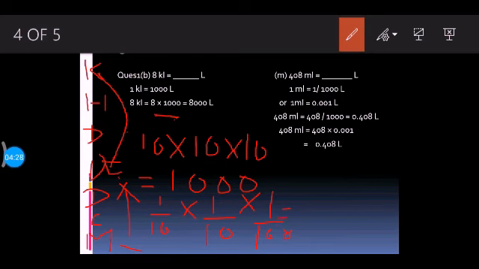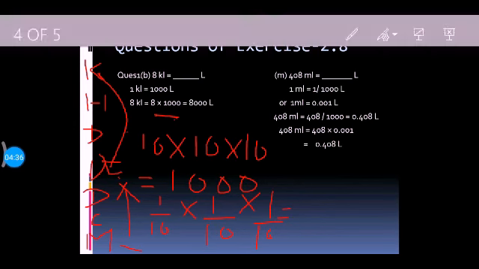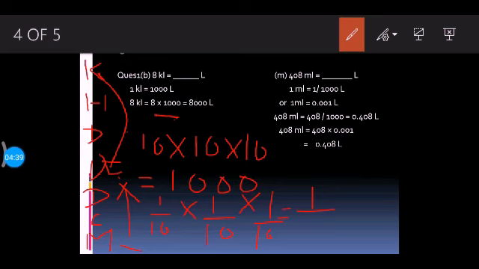equals to 1 upon 1000, right? So either you can divide by 1000, or instead of dividing by 1000, what you can do, you can multiply by 0.001, because 1 upon 1000 is equal to 0.001.